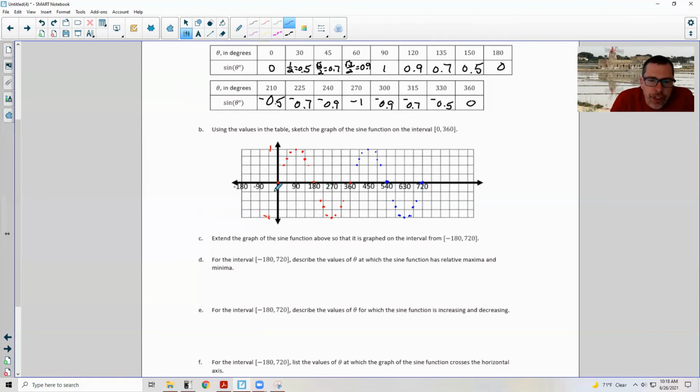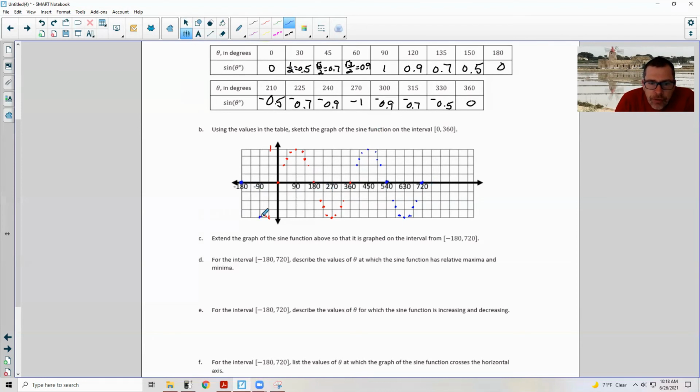And now I need to go the other way. So I'll do that in blue as well. This is going to repeat this pattern, but we're only going to go a half, because at -180 degrees, we're back to 0. So that's going to be 0. Halfway between is -90.